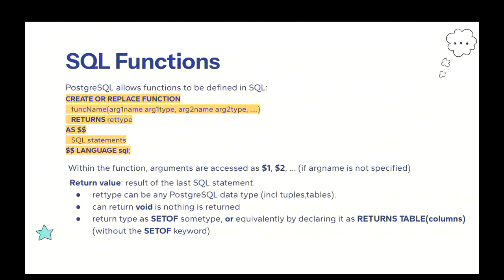Or if we are customizing the returned tuple or returned attributes, we could use RETURNS TABLE, without SETOF, followed by the customized columns or attributes. And if we want to invoke a function, we can just use the keyword SELECT.